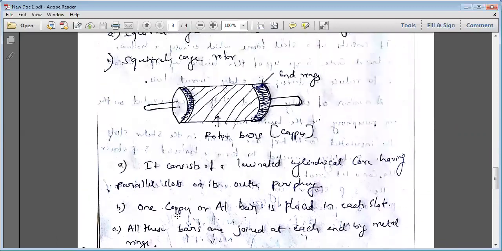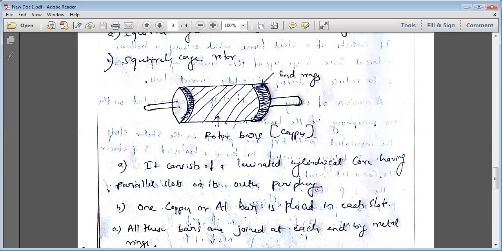Because of this skew type construction, we can reduce the noise in the machine and bring more stability to the machine. That is also an advantage of the skew type construction. We can reduce the noise at full load condition.